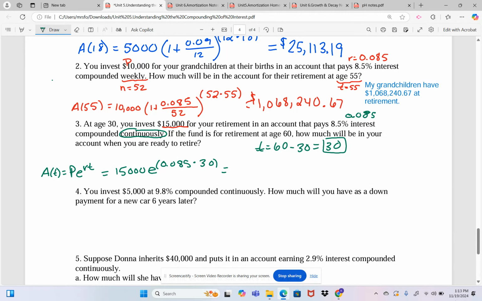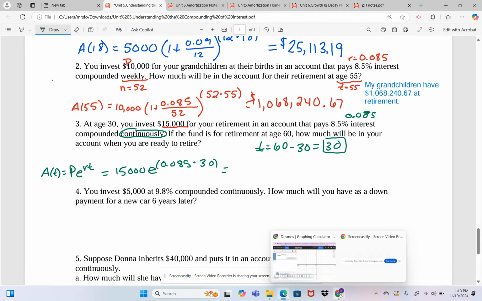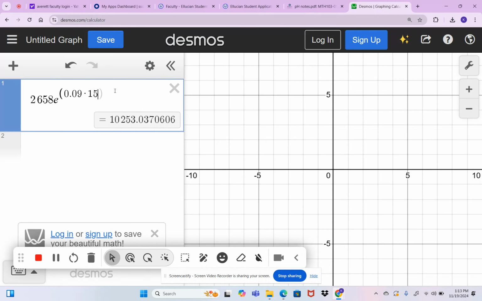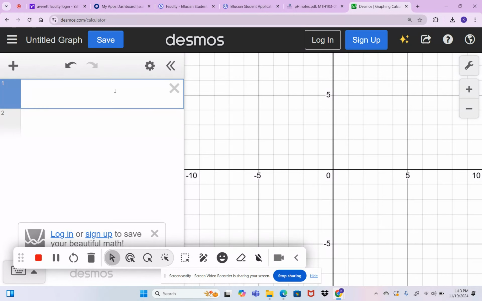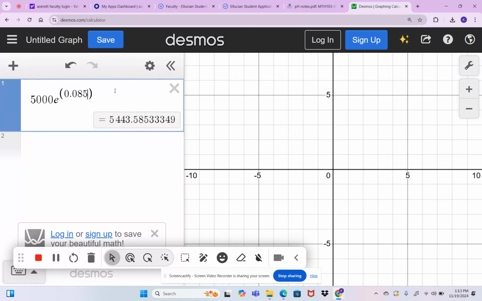Again, I'm going to show you because we just learned this today. If you type that in, you're going to have 5,000 E. And when you put your exponent in, you want to put it inside of parentheses. So that's 0.085 times 30.